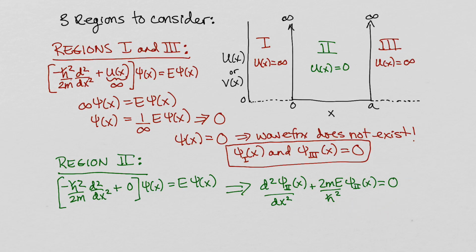So maybe pause the video, take a second, go through that transformation yourself, verify that we end up there, and then hopefully something looks familiar to you when we look at this equation.